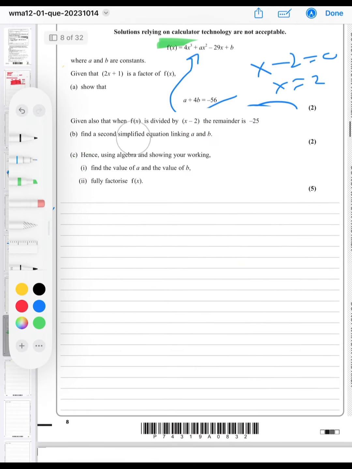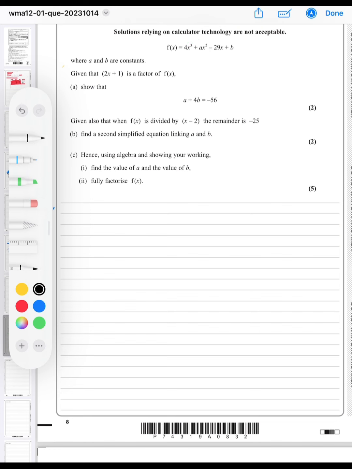Okay, so the values for a, first of all I'll just make the whole equation. So the equation is 4x cubed plus, the value for a is 4, so this will be 4x square minus 29x, and the value for b is minus 15.